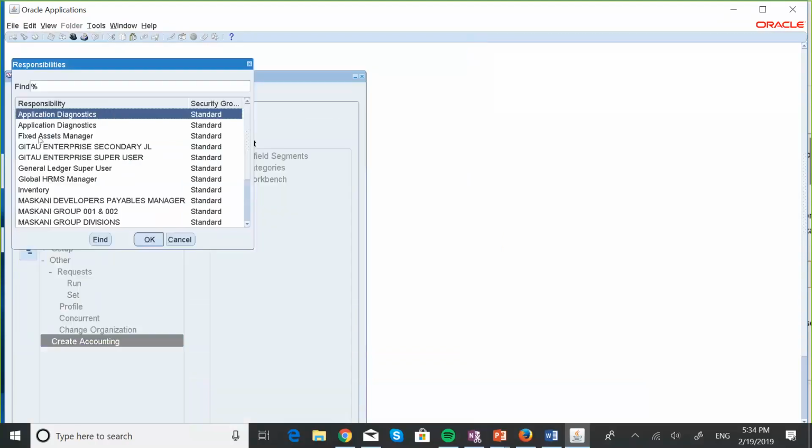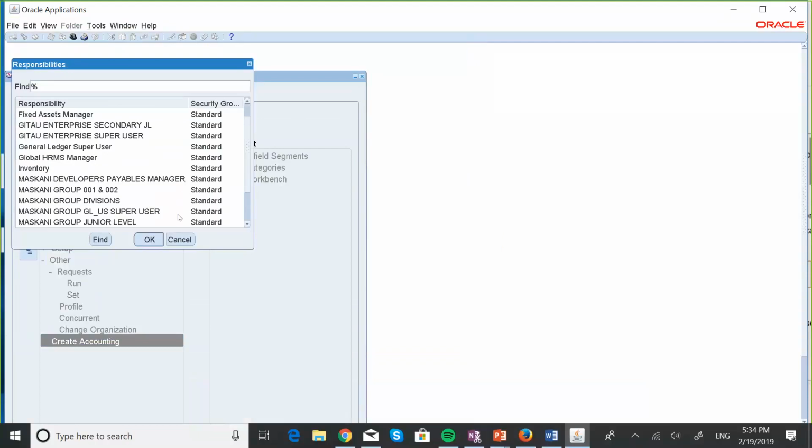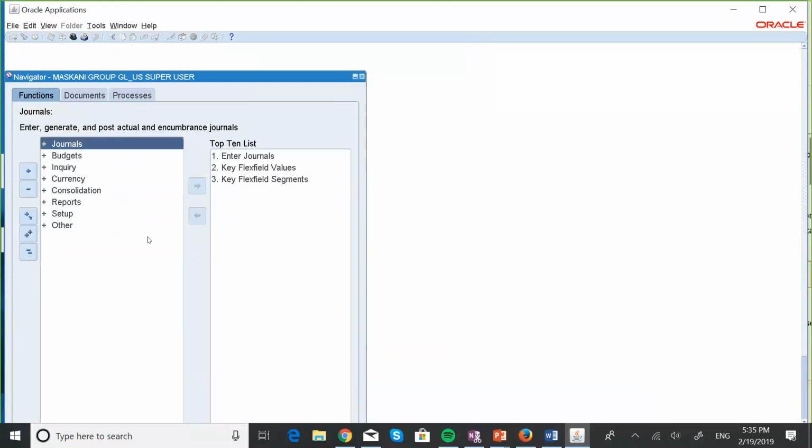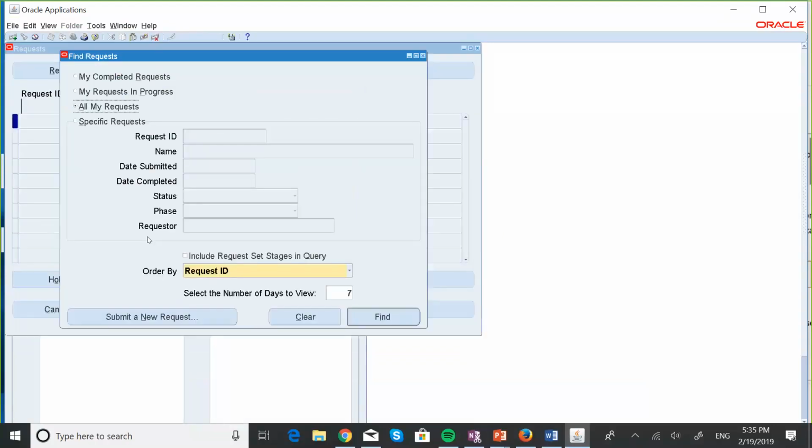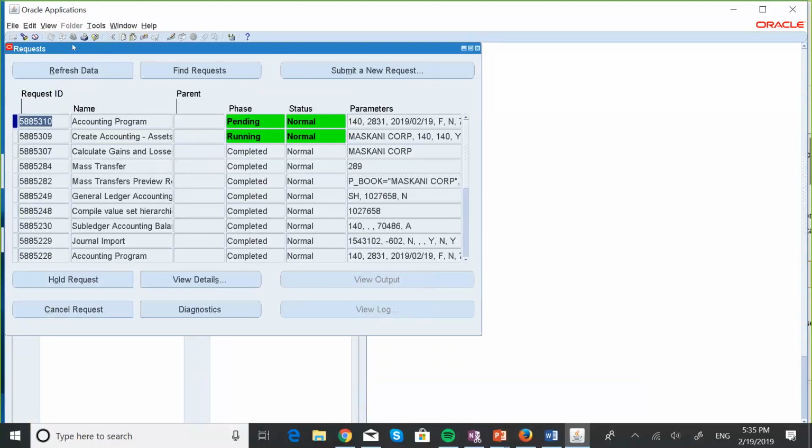We can switch responsibility and go to GL. And now we can wait for create accounting to finish so that we can go and look at the journals that are created for retirement, and hope we don't know whether there are any other journals for any other events we had done after the previous create accounting run.